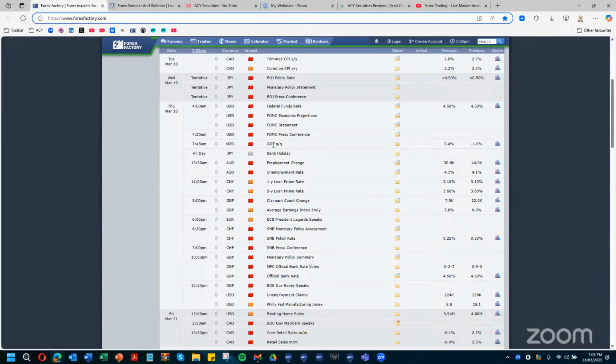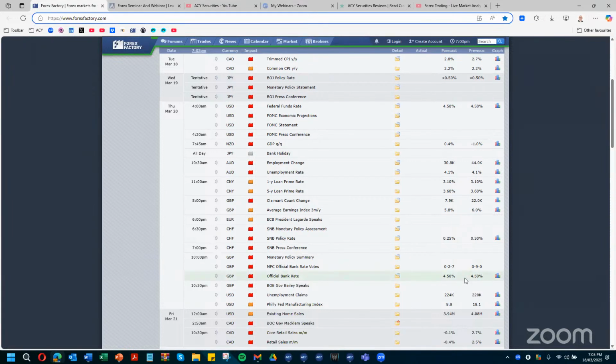7:45 for New Zealand on Thursday morning, we have GDP QQ. 10:30 for the Aussie employment change and employment rates. 5 p.m. for the pound, we have employment count change. 6:30 p.m. Swiss franc monetary policy assessment and policy rate, expecting a 25 basis point cut there for the Swiss, and press conference at 7 p.m. Then at 10 p.m. for the pound, we've got the monetary policy summary, the bank rate votes and the official bank rate.